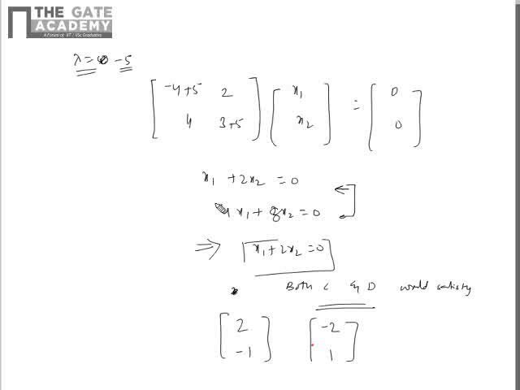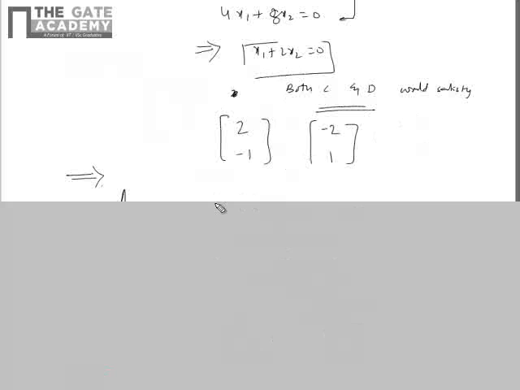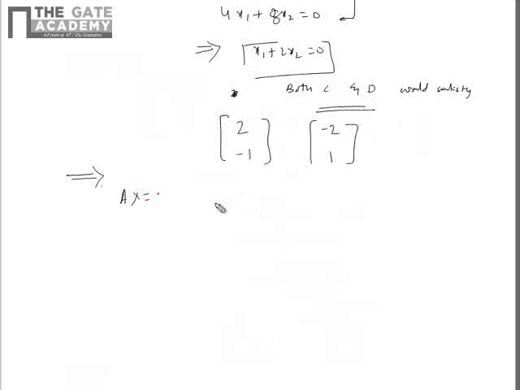This is one way which we have done, which is the more standard way. The other way is directly from the options. You can always compute Ax, and if that becomes some constant times x, then x is an eigenvector.